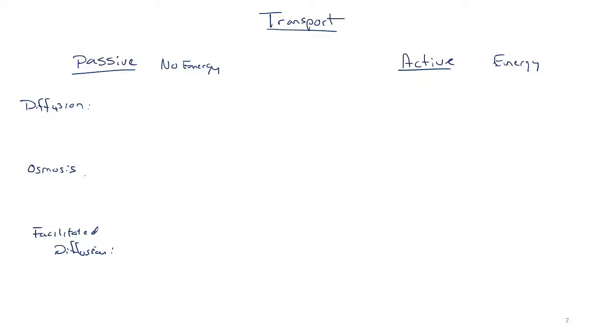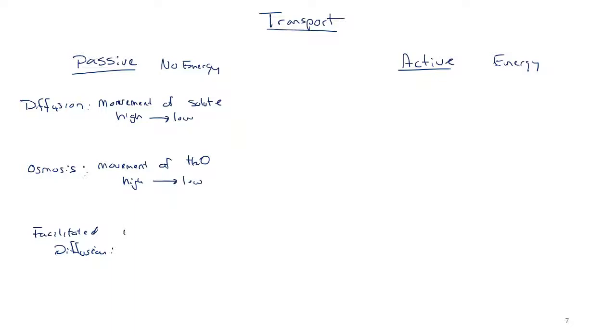So diffusion is the movement of a solute, like we mentioned salt earlier, from a high concentration to a low concentration. Osmosis is the movement of water from high to low concentration.